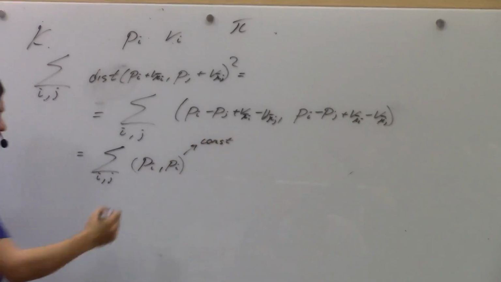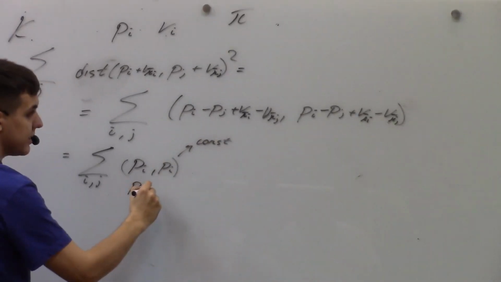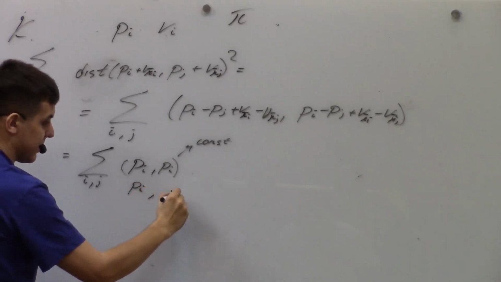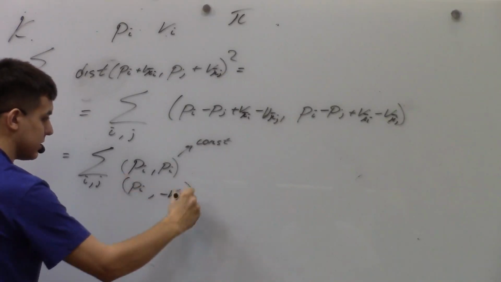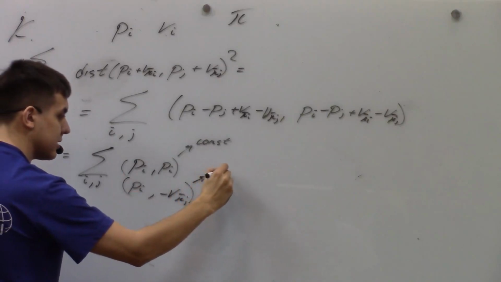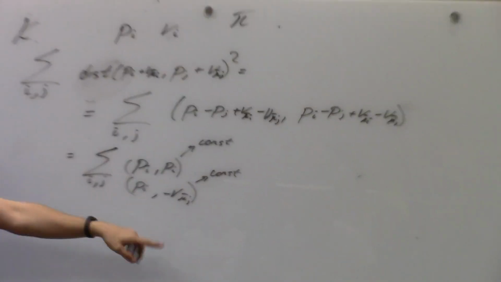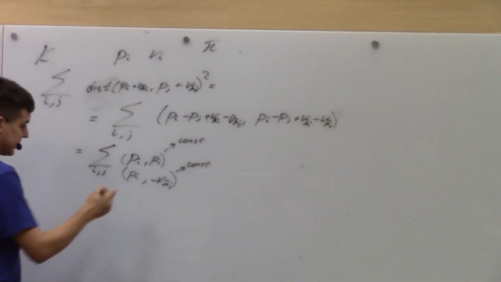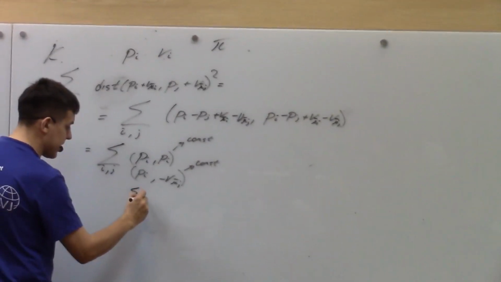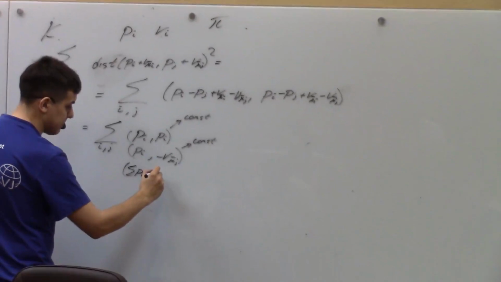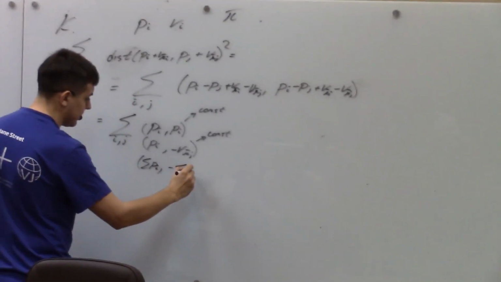Sum of scalar products of pi and minus v of pj is also constant. Right? Since we sum over all i's independently and sum over all j's independently, this will be the same as sum of all pi's multiplied by minus sum of all vi's.